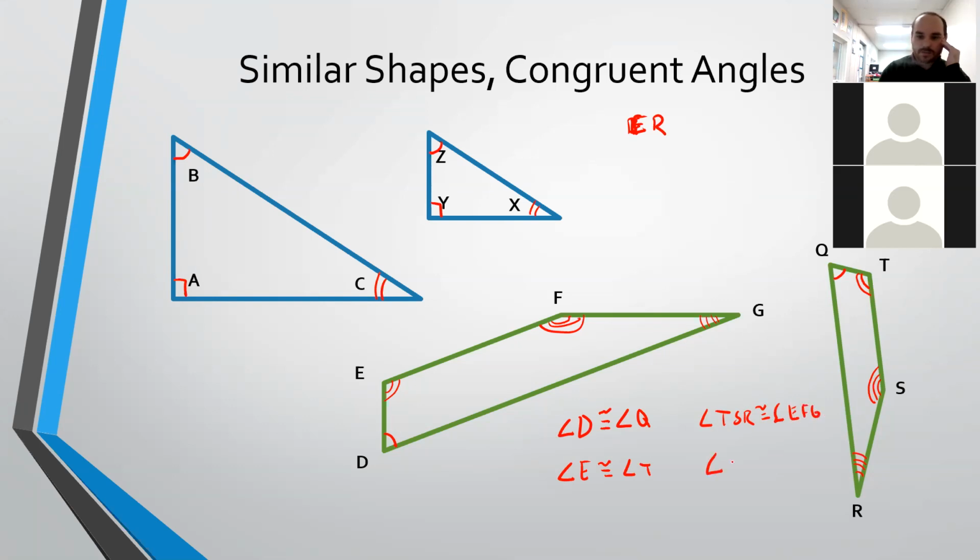And I could say angle, let's say QRS is congruent to angle GDE. So those are just different ways that I could write out all of these.